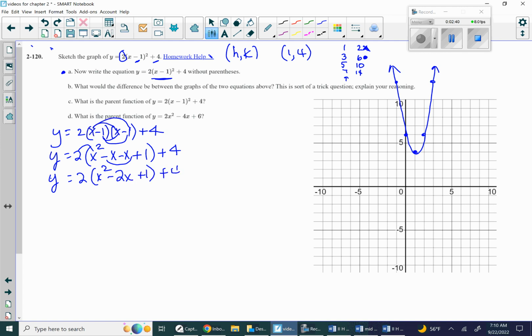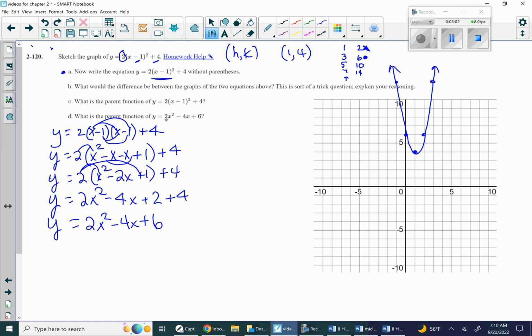And then that plus 4 is still floating around out there. So y equals, distributing, 2x squared minus 4x plus 2 plus 4. Now we can simplify that. The last step is 2x squared minus 4x plus 2 plus 4 is plus 6.